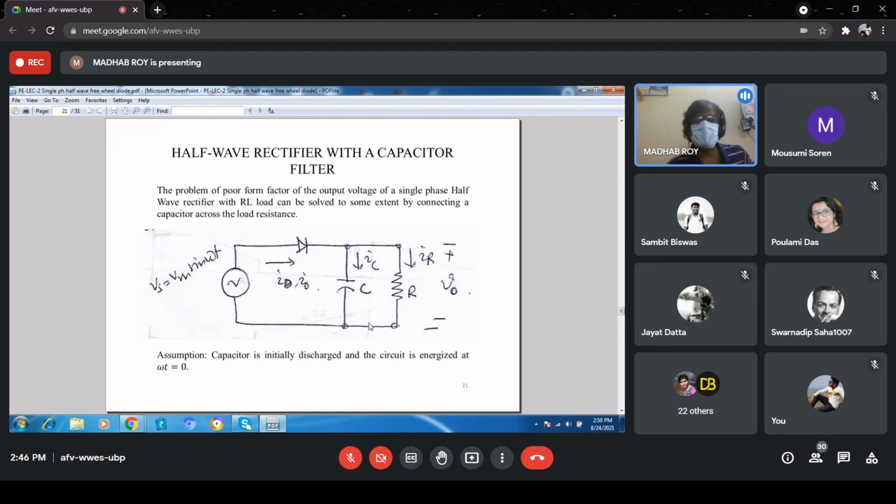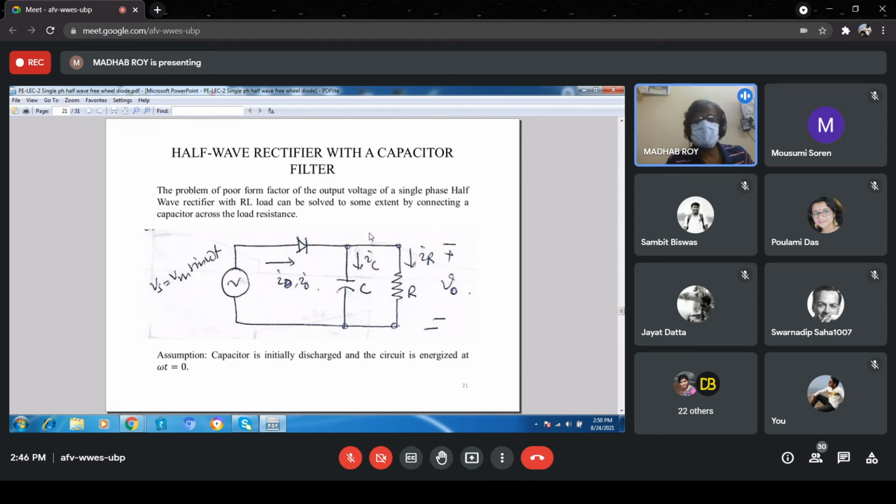Now what is the property of the capacitor? The property of the capacitor is C dV/dt equal to I. Do you know the equation of the capacitor? What is the current through the capacitor? C dV/dt. That is the rate of change of the voltage.